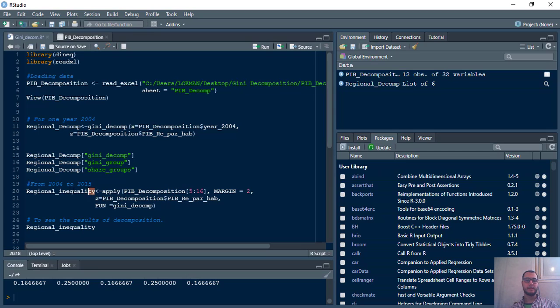This is the result of the regional inequality. Apply. What will we apply? We will apply this function, Gini Decomp of the package dynamic. So we will apply this function for the entire data from column 5.